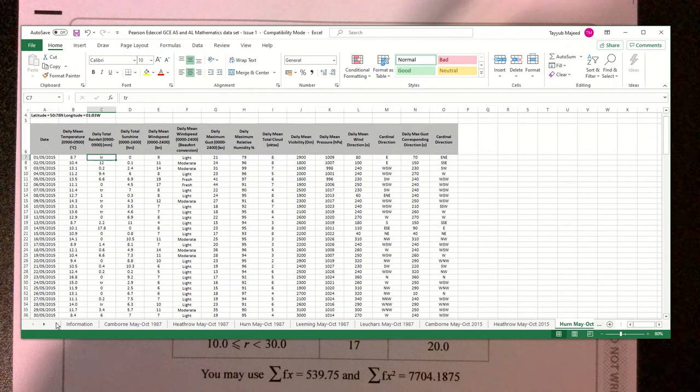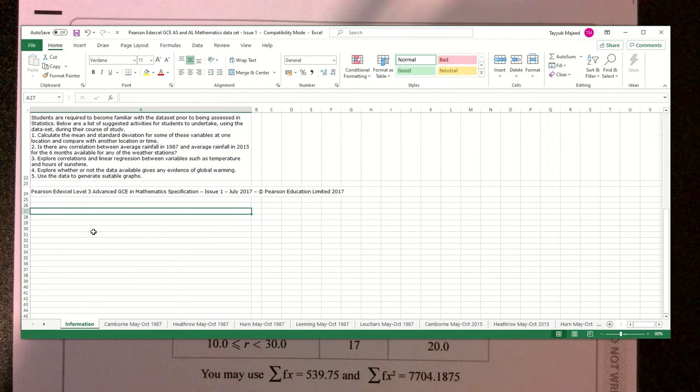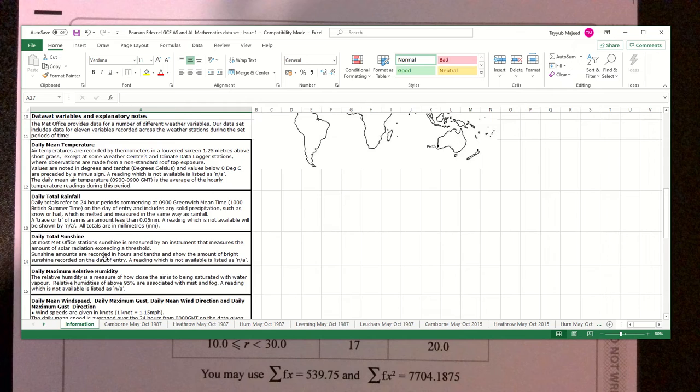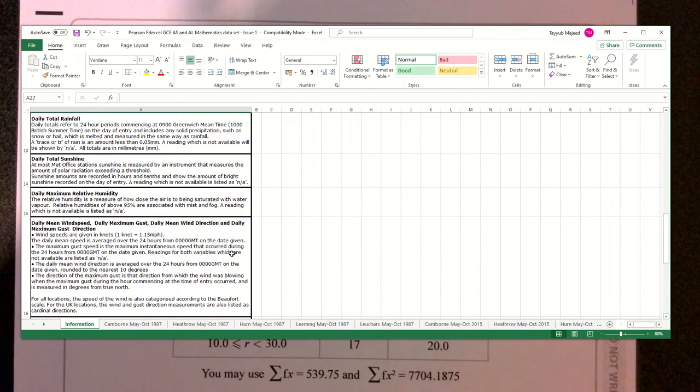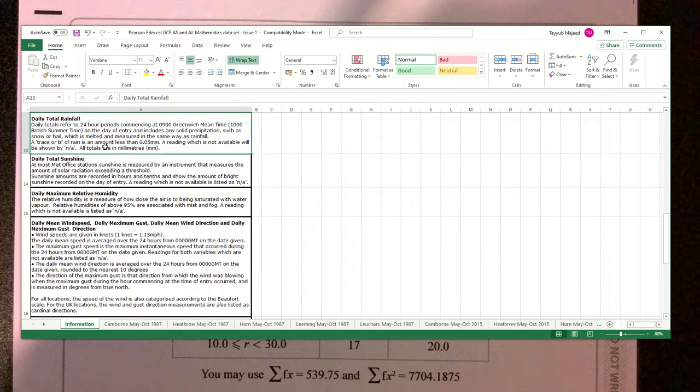So if you go back to the information given, it says somewhere over here that trace is an amount less than 0.05 millimeters. Okay, and any data which is not available will be shown by NA.